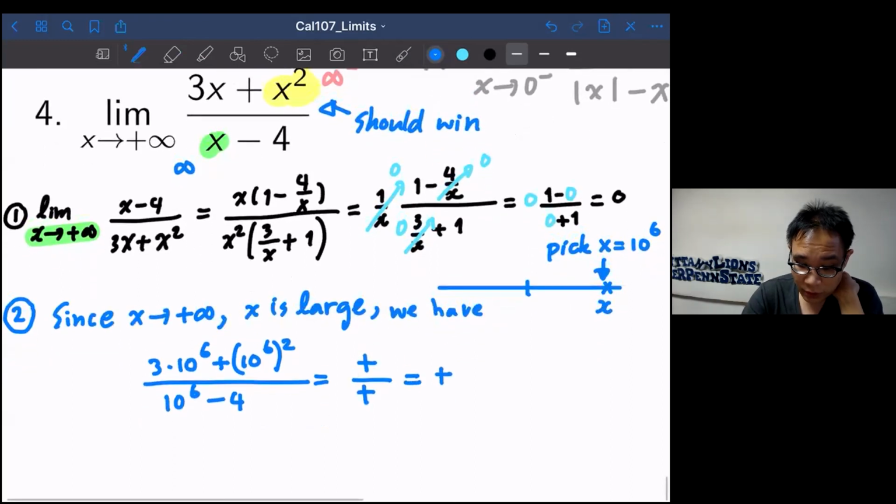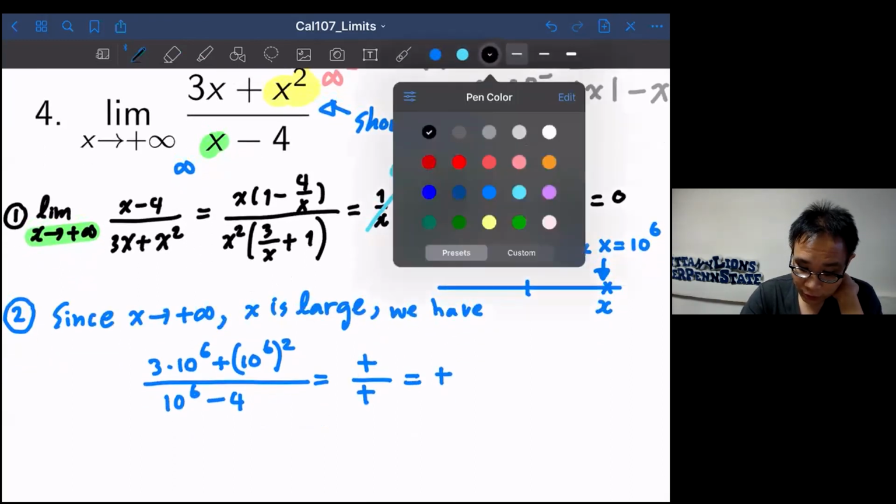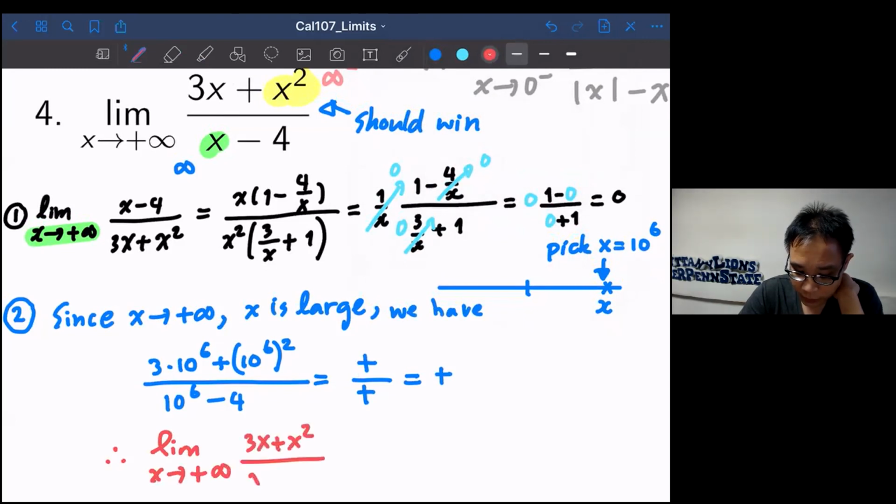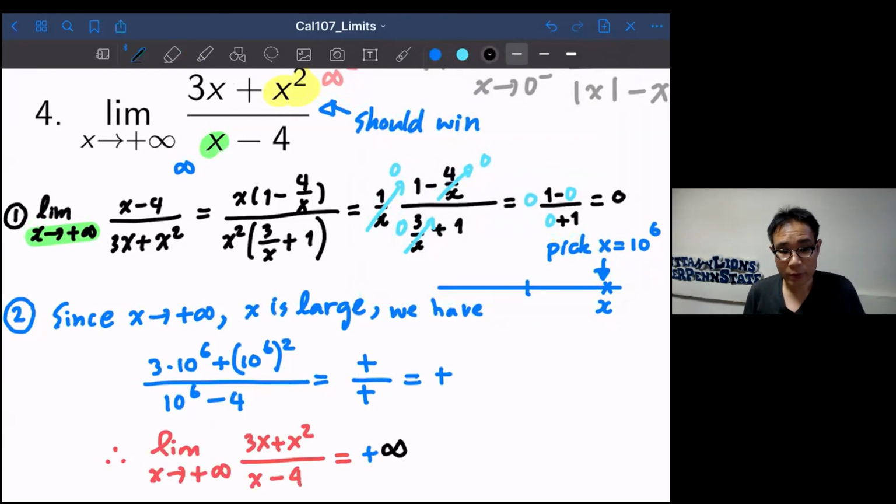So in this case, the limit as x goes to positive infinity of (3x plus x squared) over (x minus 4) equals positive infinity. So it turned out to be positive infinity for this question.